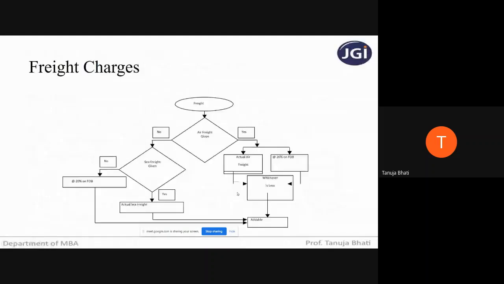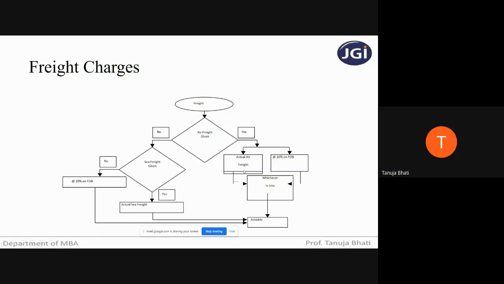So if you see here, air freight is given. What are you going to add to the FOB? The actual air freight. The actual air freight was 3,000 UK pounds, so 3,000 UK pounds into 70.25 is the exchange rate. Here it was 2,10,750.